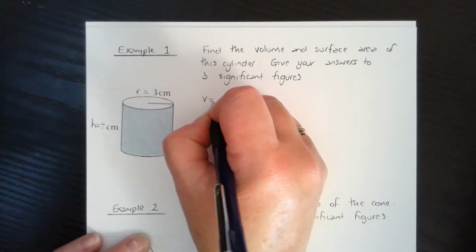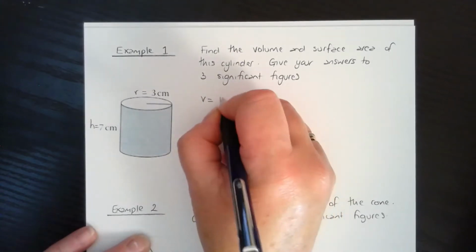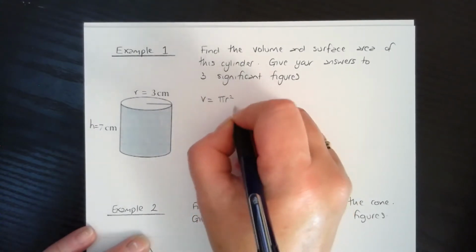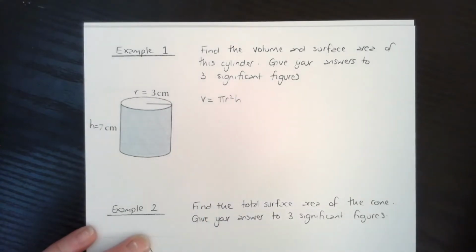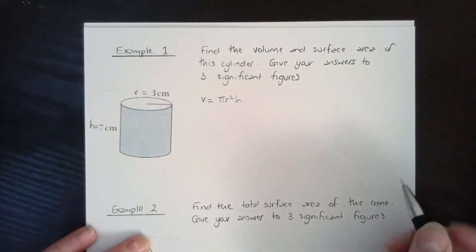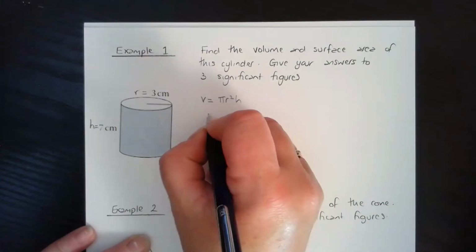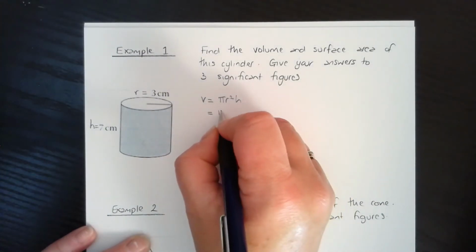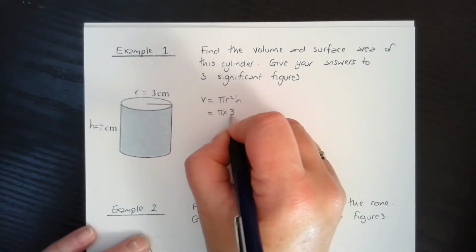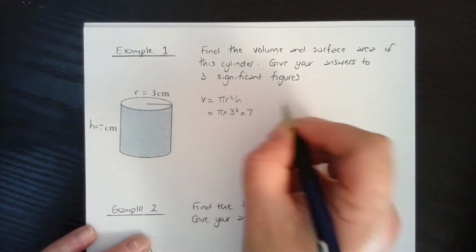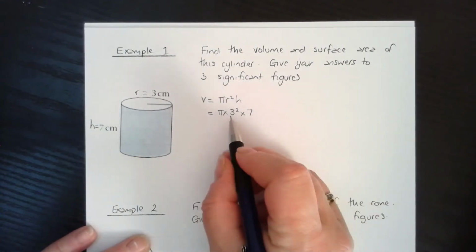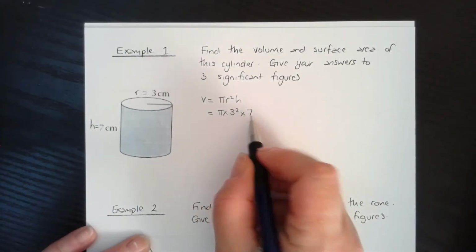So, volume first. Volume is equal to pi r squared, the area of one end, times by the length of the shape, or in this case the height. So that would be pi times 3 squared times 7. 3 squared is 9, times 7 is 63.